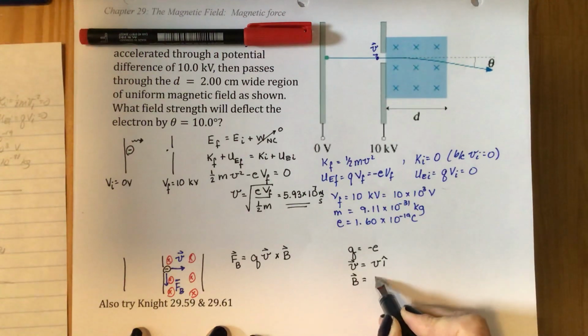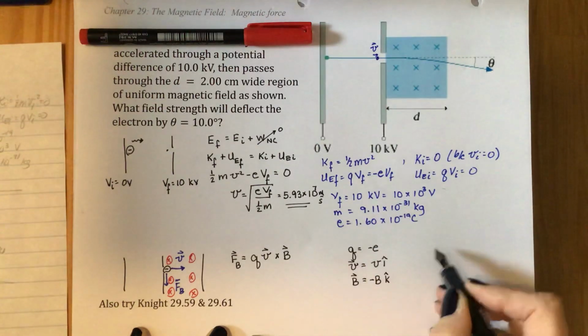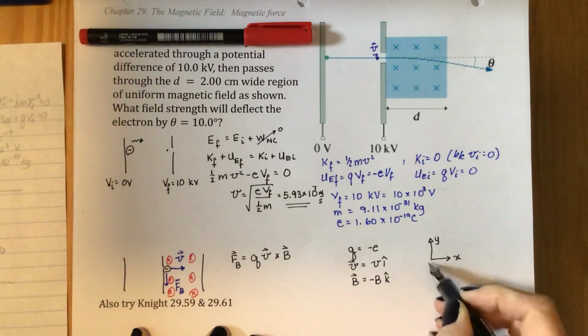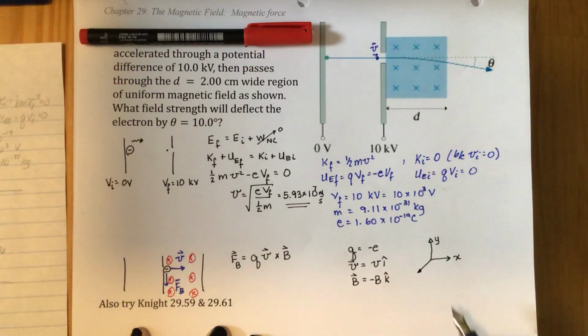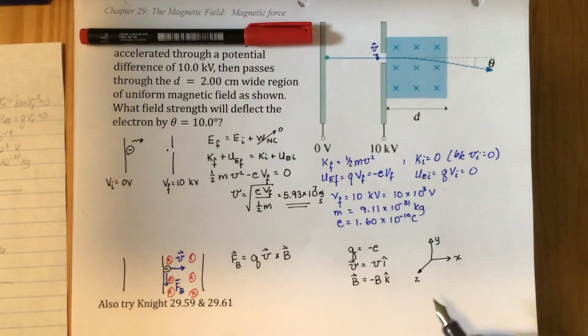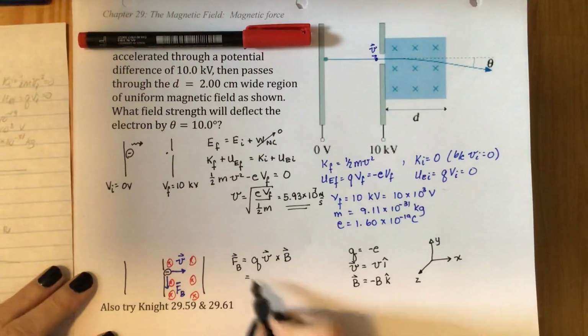Okay, so now that I've written this down, let's get our coordinate system in here. Positive x is to the right, positive y is up, and positive z is out of the page. B is into the page, so that's negative z. So let's see what we have here. I think I'll go symbols first, just to write it down with our direction, and then we'll get our answer.